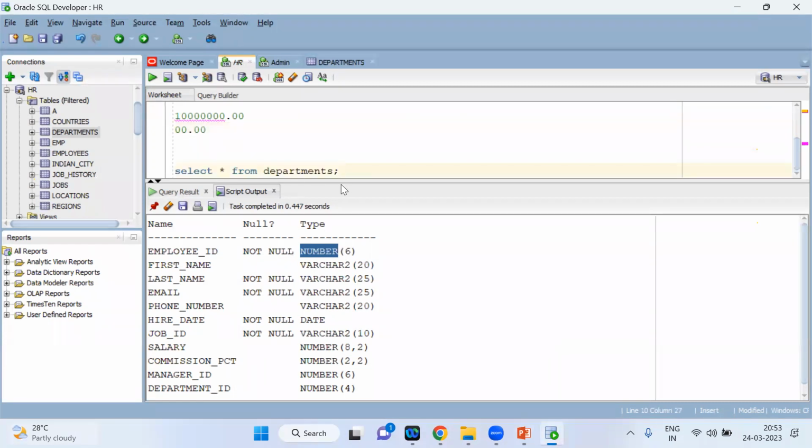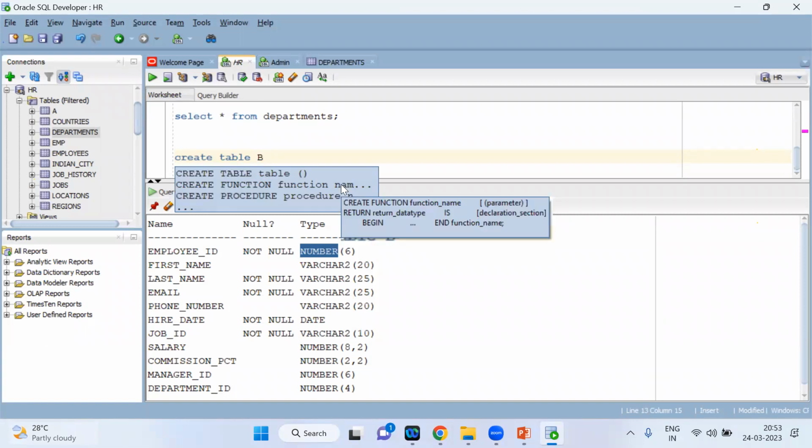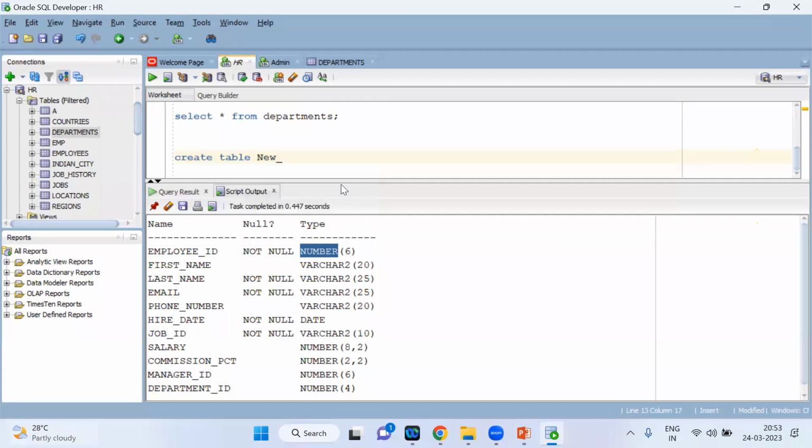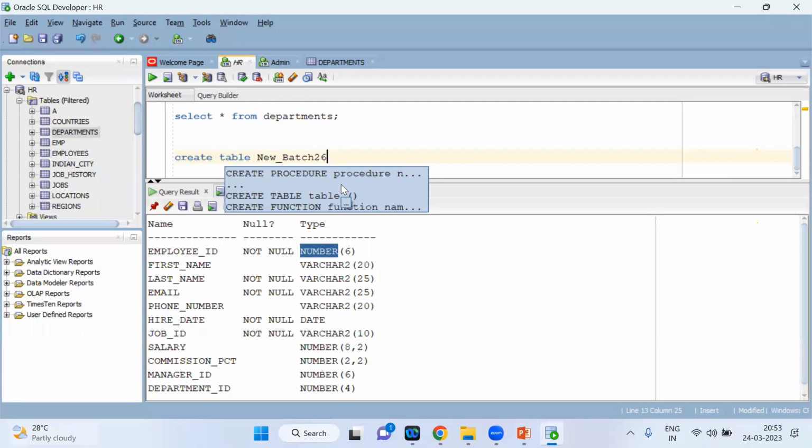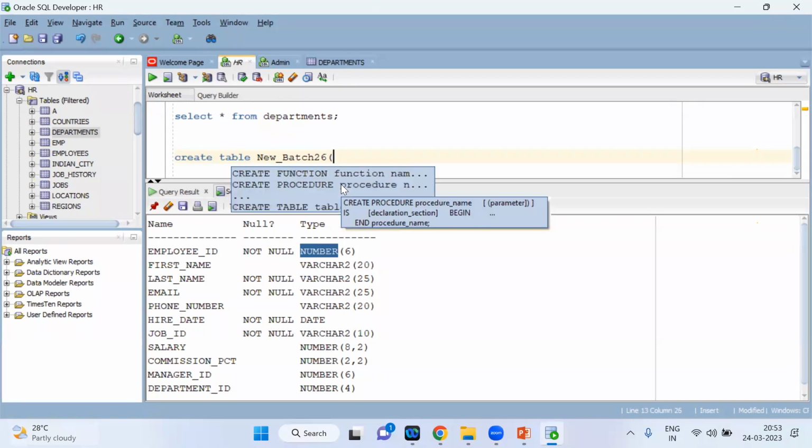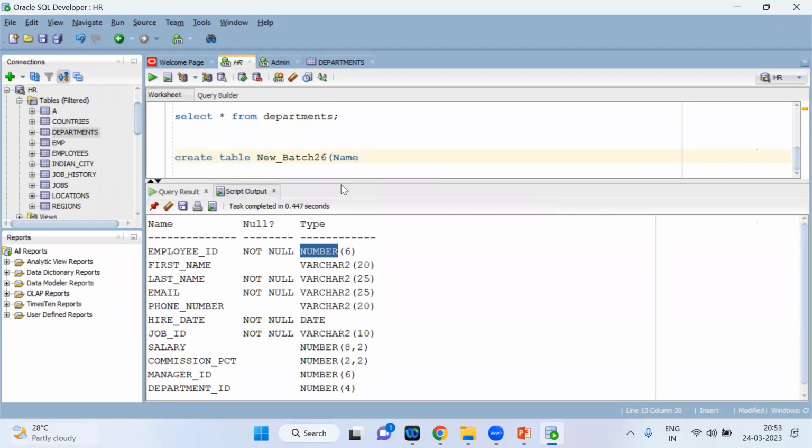While creating a table, you will say create table. Consider that I'm creating a table called new batch 26. If you are creating a table with a name column, you will give varchar2, something like 20.